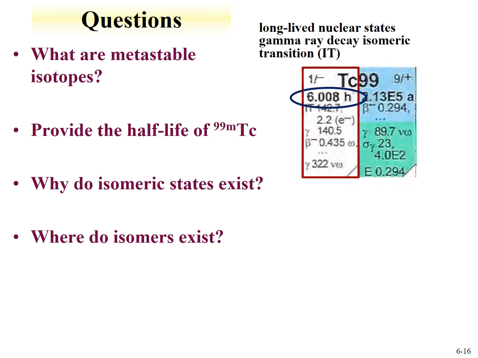So all of our data for the metastable state is listed here. The spin is 1/2 minus. And if we were asking what's the half-life, well, the half-life is 6.008 hours. And again, this is something that you should be able to answer questions on, based upon the chart of the nuclides, and provide data for metastable isotopes.